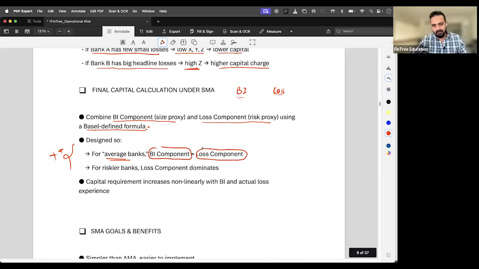I'm also taking losses and applying that 7x formula. Logically the two should result in the same, but for a bank which is riskier, the loss component would be higher than the BI component. So that's what you need to know from an exam perspective. Capital requirement will increase non-linearly with BI and actual loss experience.